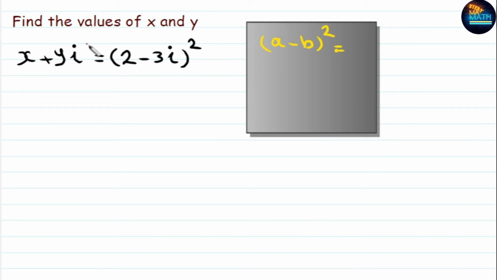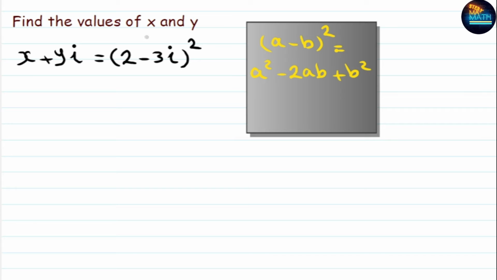Find x and y. x plus yi is equal to (2 minus 3i) all to the power of 2. Let's simplify the right-hand side because you have the power of 2 here. Remember, the rule is (a minus b) squared is equal to a squared minus 2ab plus b squared. I mean the first term by itself, the second term by itself, and then the first term by the second term by 2.